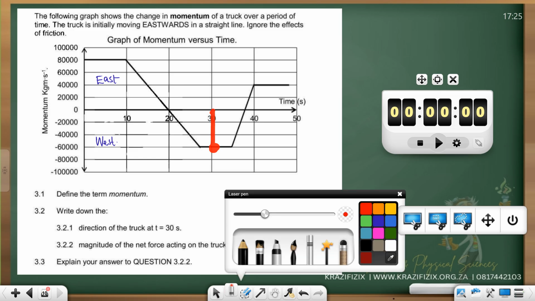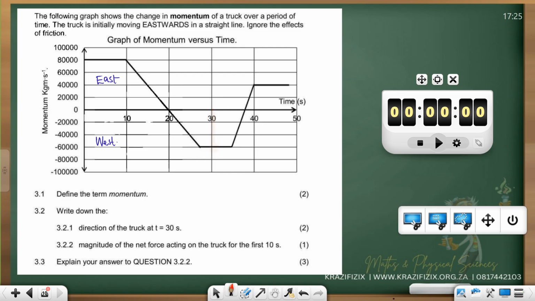So what should the direction be? The direction is west. I hope it makes sense. Direction is west. Very important that you learn to interpret before you even start working.